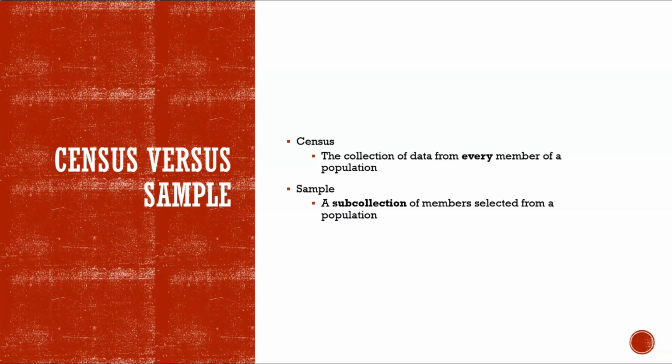So a big part of statistics is how you make inferences from a sample to the whole population. That is called inferential statistics. That's what we're going to do in the second half of this course. At the beginning, it's more descriptive statistics. How would you describe a sample, or how would you describe a population?